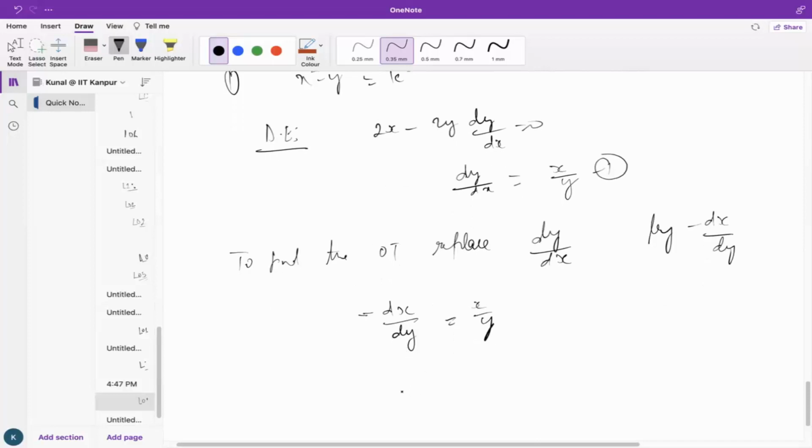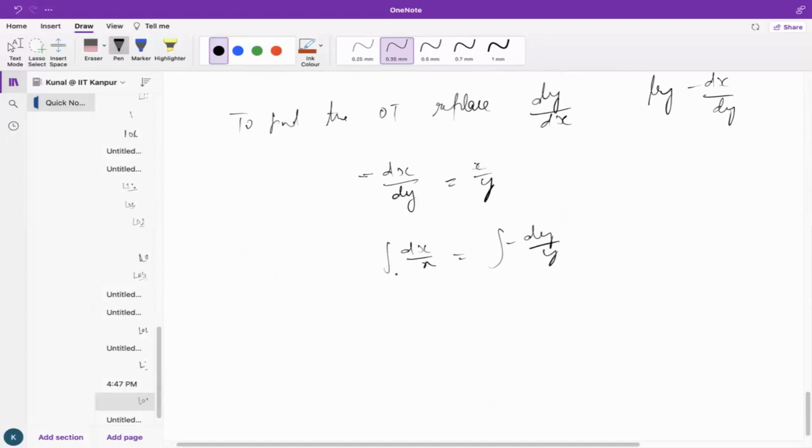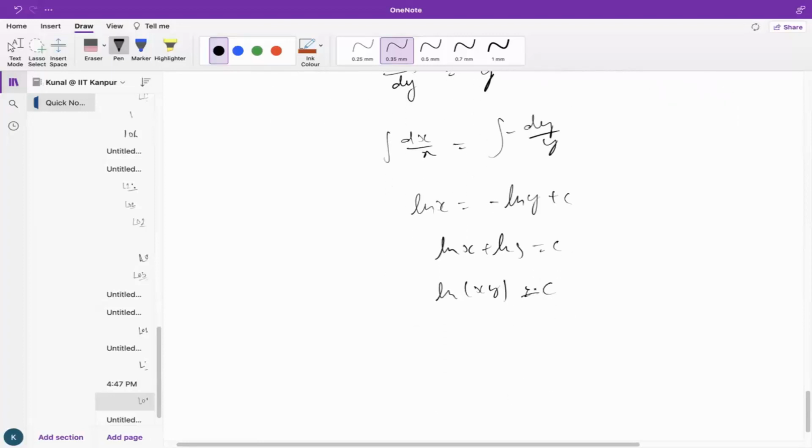So we will get integration of dx by x is equal to integration of minus dy by y, so ln of x is equal to minus ln of y plus constant. So ln of x plus ln of y is equal to c, so ln of xy is equal to c. So here we will get xy is equal to, basically, e to the power c.